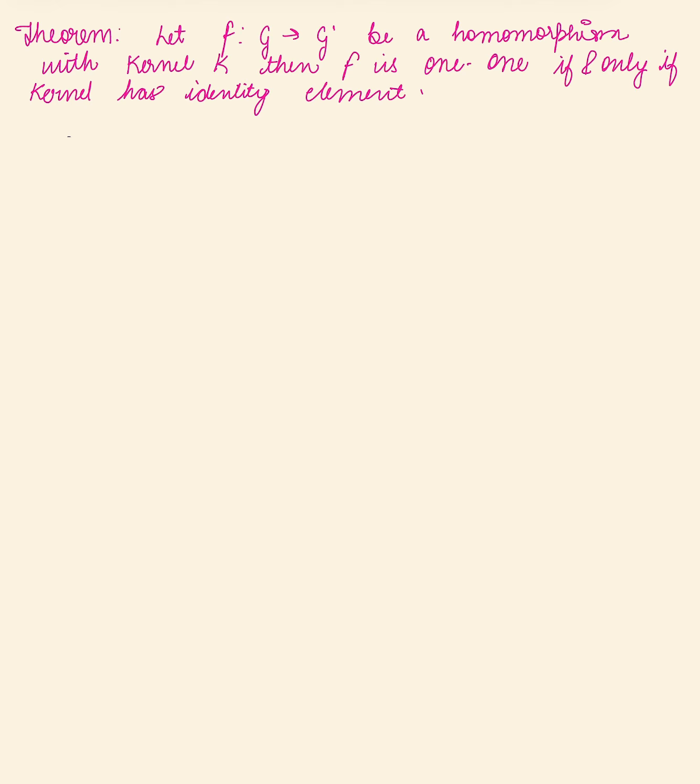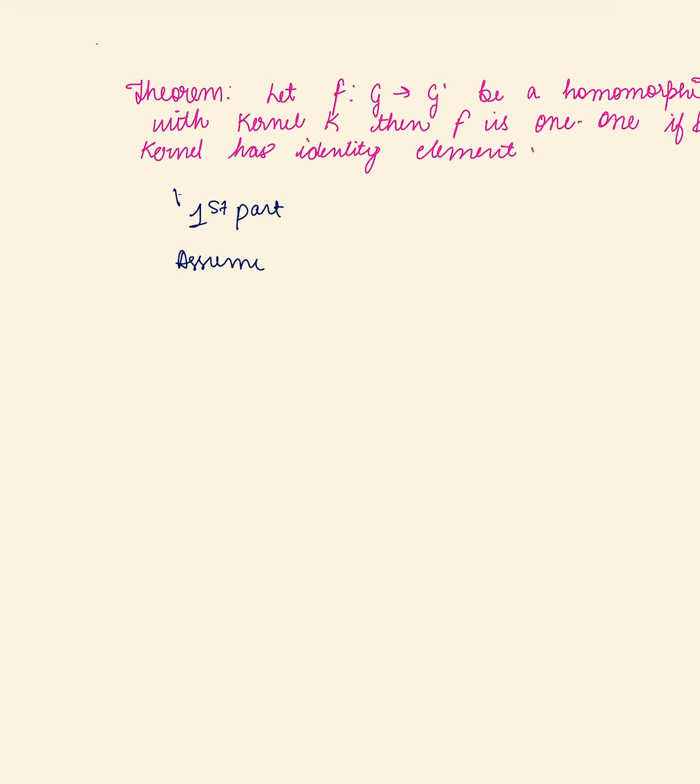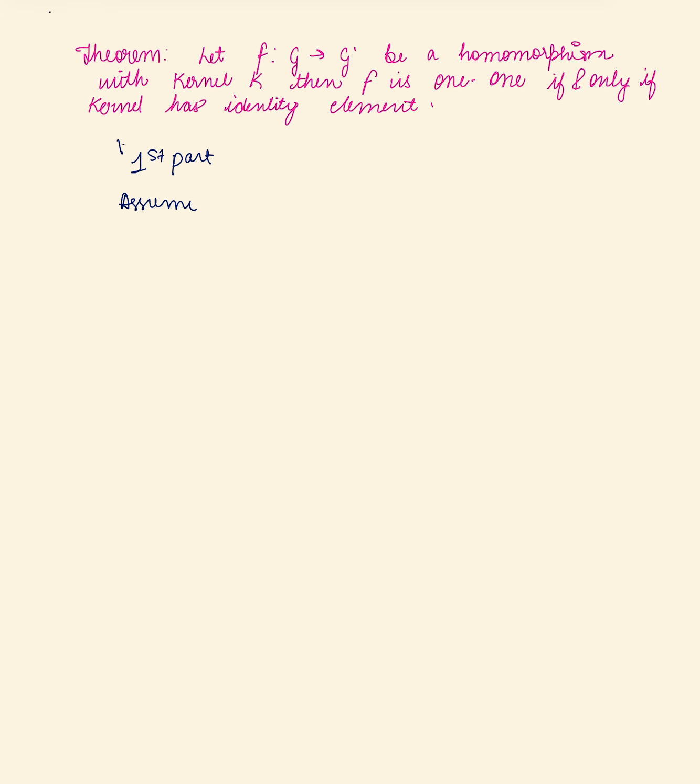Before proving this theorem, I will tell you how we will prove it. We will divide the proof into two parts. In the first part, we will assume that f is one-one and I will show that the kernel contains only the identity element.